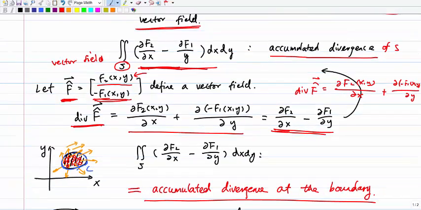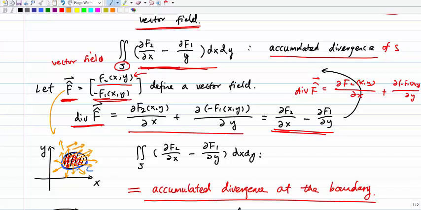If I use the orange color to represent the vector field that I draw based on this f vector, I can draw a vector associated with every point.